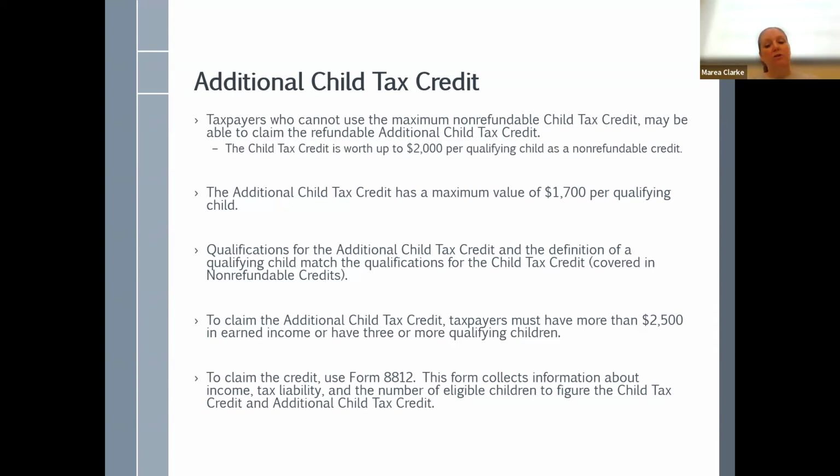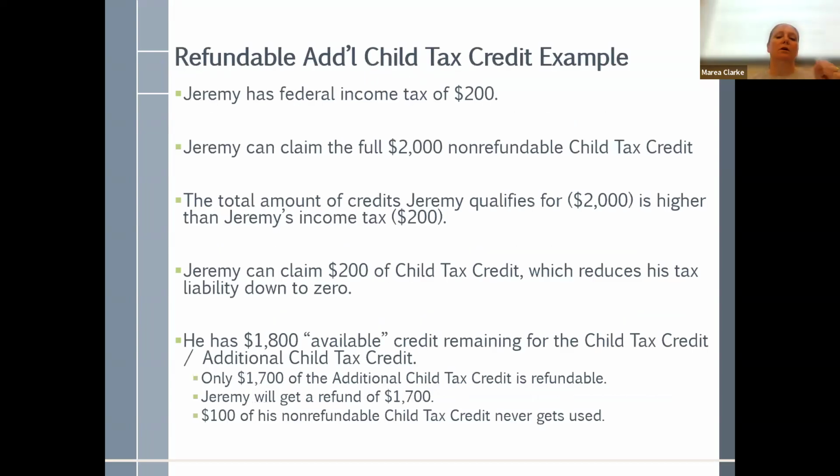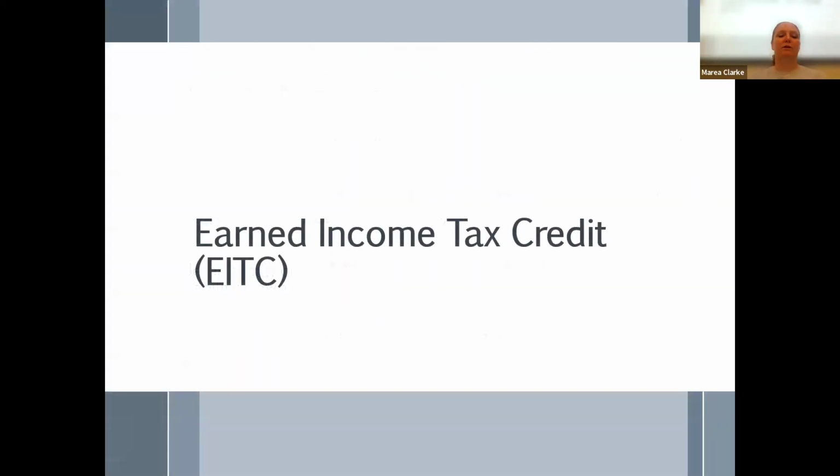To claim the credit, you again use that Form 8812. TaxSlayer will do the math to say which part is refundable, which part is non-refundable. The main thing that we would be doing is making sure that all of the dependents are entered properly. I'm going to skip that because we're a little short on time.